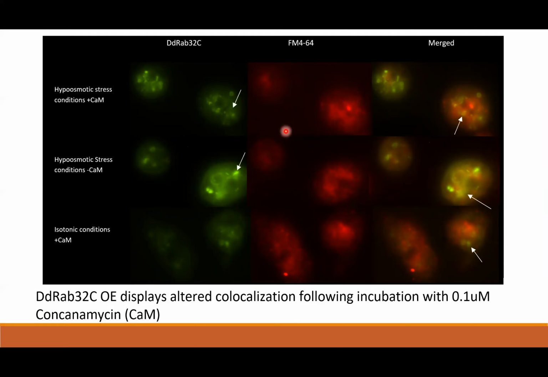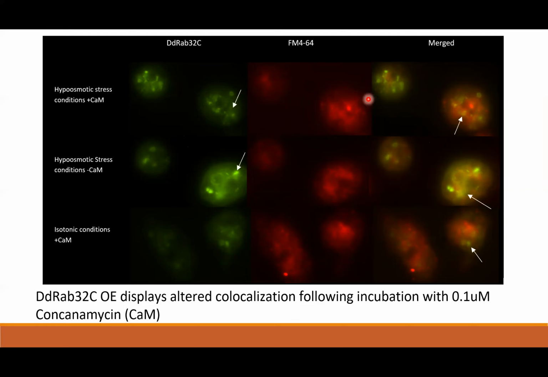Then I took images. So the first one you see is hypoosmotic, so again water, along with the addition or incubation of concanamycin. When looked at under fluorescence, you can see that the Rab32 is very scattered. There's not a clear area of localization, whereas previously we had seen that under hypoosmotic conditions, so in water, the protein does localize quite well.